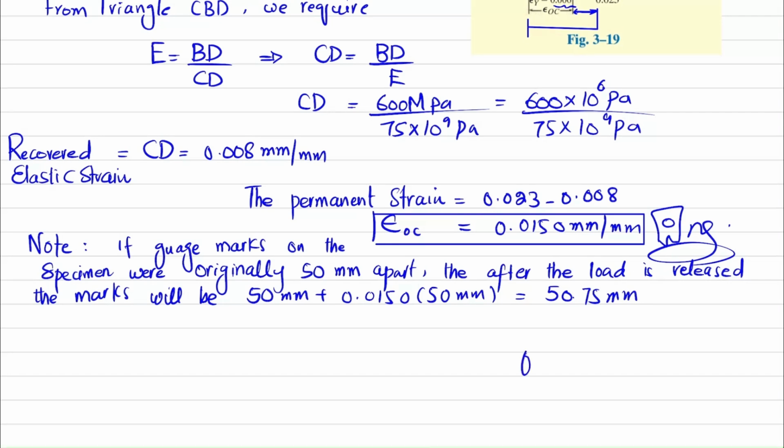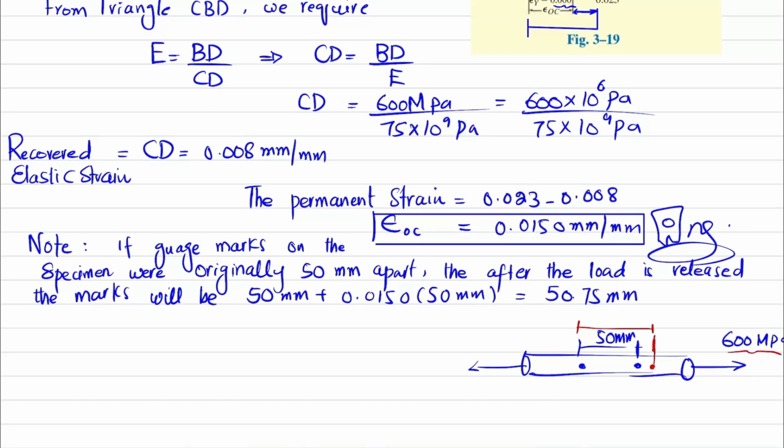What does it mean? For example, if this is the specimen and there are 2-point marks on it having a distance of 50 millimeter, and when you apply a tensile load of 600 megapascal, definitely the length between these 2 points will increase. For example, it will come to a new point, to this point. So when you remove this load, for example, this is the new length. Clear? When you remove this load, this new point will not go back to its original position.